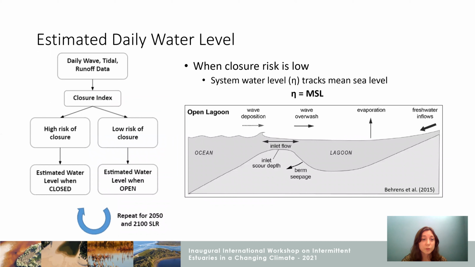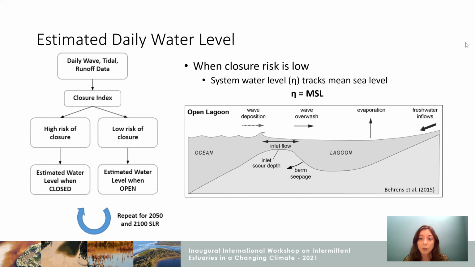Then we used this estimated closure index to estimate water levels in the lagoon using a simplified model based on the work of Dane Behrens, and you can check out his 2015 paper for more info on this. But we assumed when the estuary risk was low, that the water levels in the estuary would simply track with sea level rise.